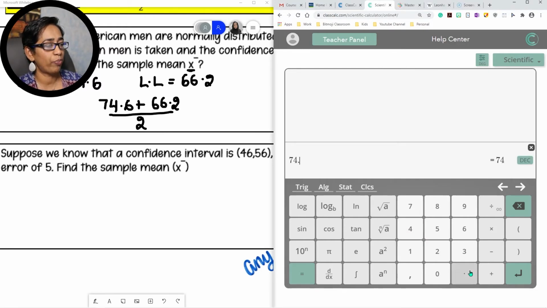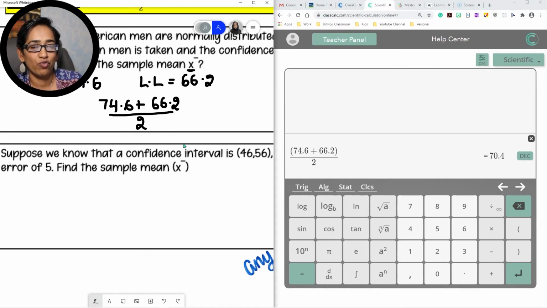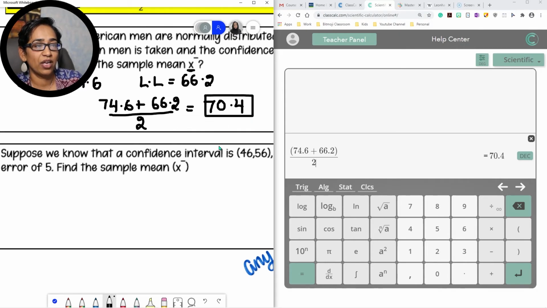Parentheses first, 74.6 plus 66.2, close parentheses, divided by 2. Boom, there you go, 70.4. So my sample mean here is 70.4, which is exactly in between, and that is my final answer. Let me highlight it just because I can.